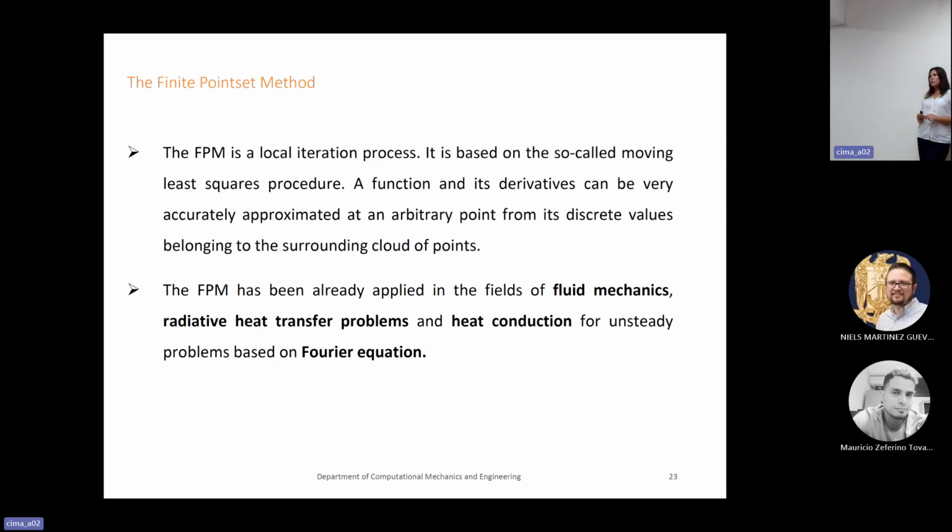It is based on the so-called moving least squares procedure, and a function and its derivatives can be very closely approximated at an arbitrary point from its discrete values belonging to the surrounding cloud of points. The FPM has already been applied in the fields of fluid mechanics, radiative heat transfer problems, heat conduction, and some others also.